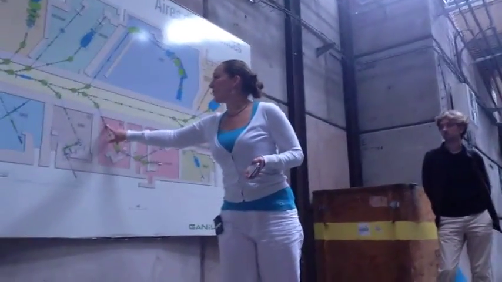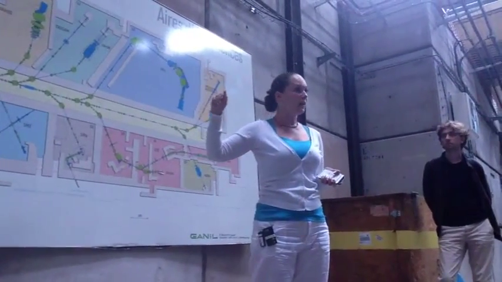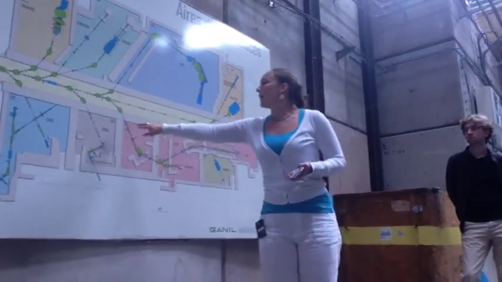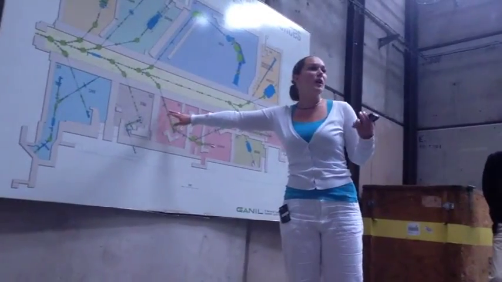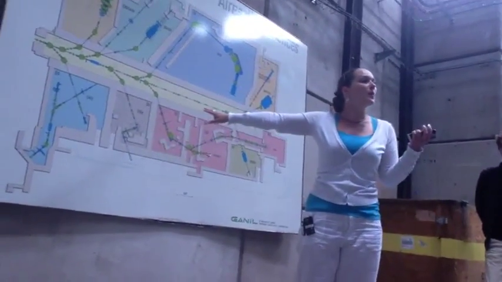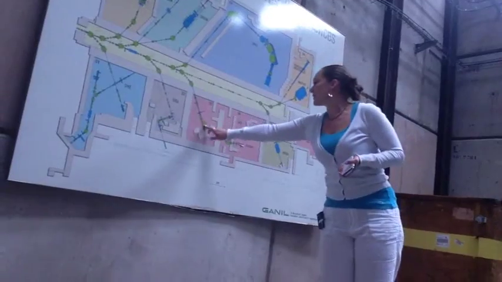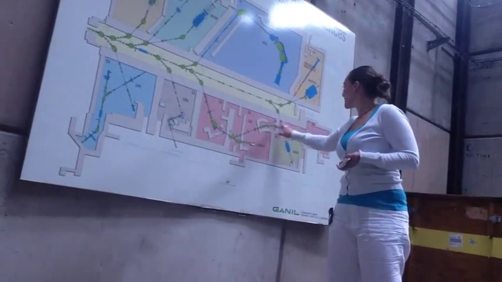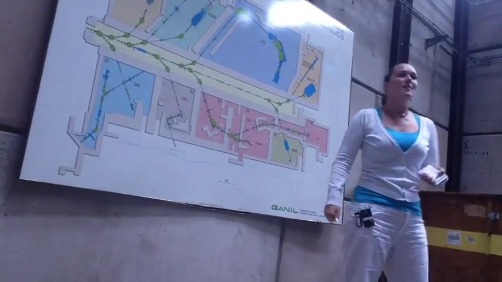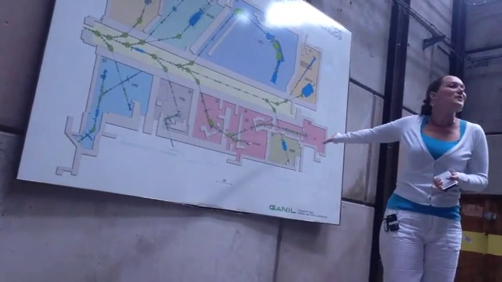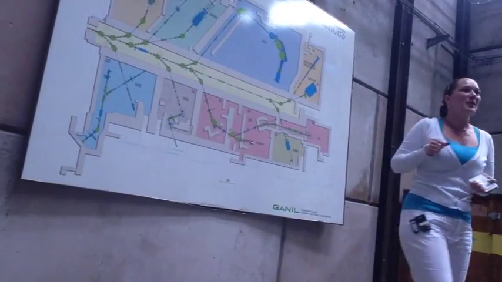There is at the entrance here a fragmentation target. There is a cocktail beam after this target, and the unstable nucleus you want to study is selected in this new spectrometer and then sent to this room after that. But now there is no detector here, so it's not really interesting.